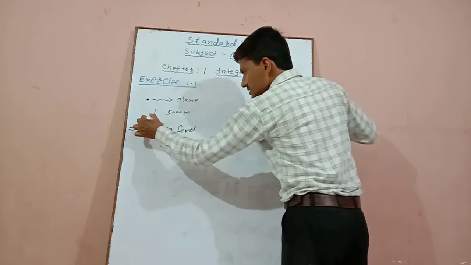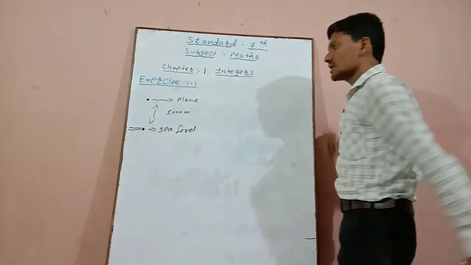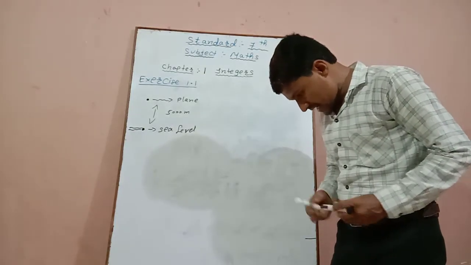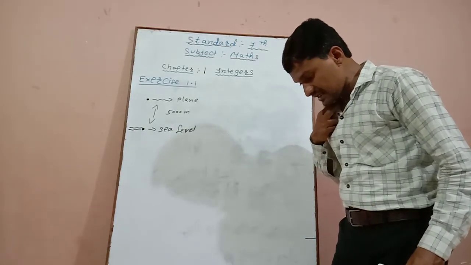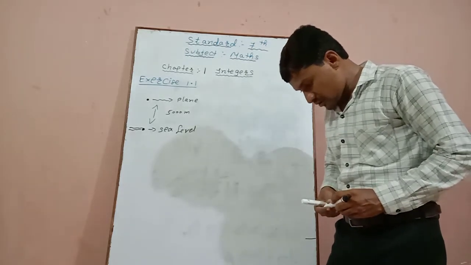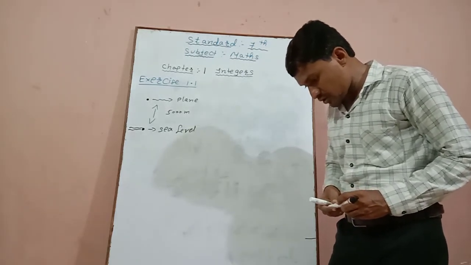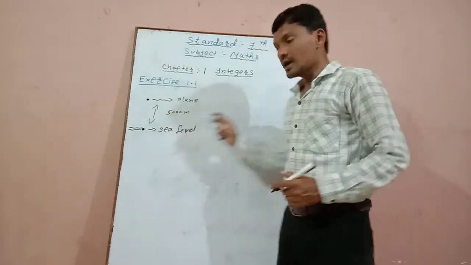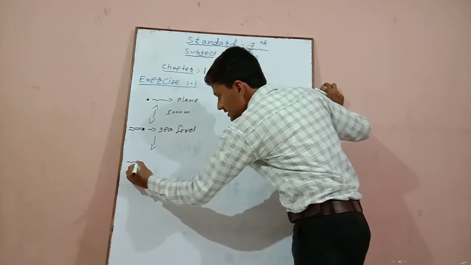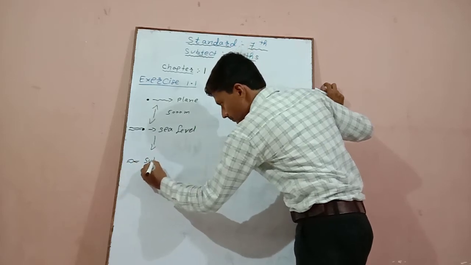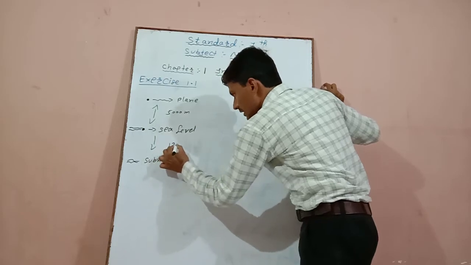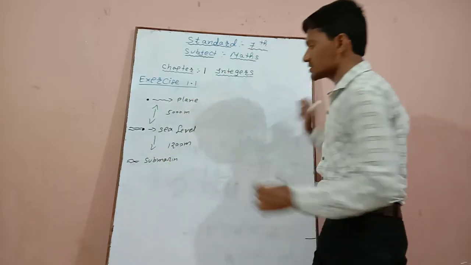And the next part is that it is exactly above a submarine floating 1200 meter below the sea level. Sea level and below sea level. Submarine is 1200 meter below the sea level.